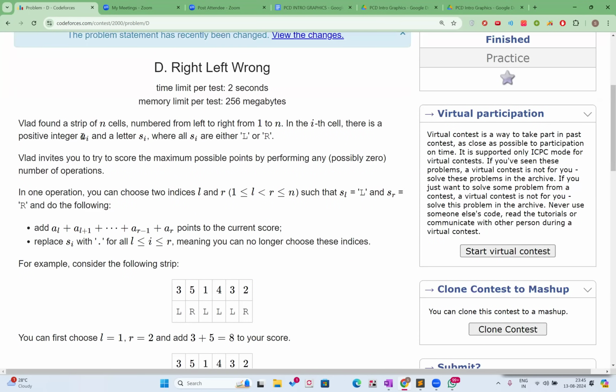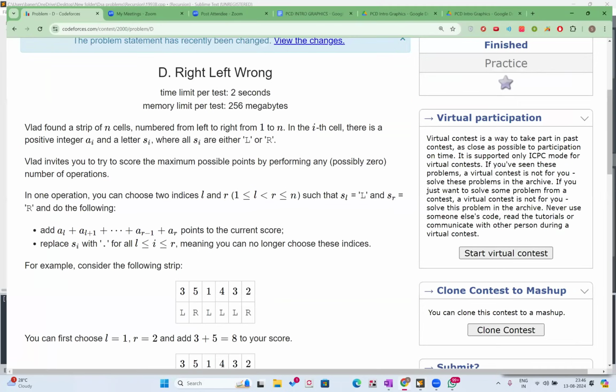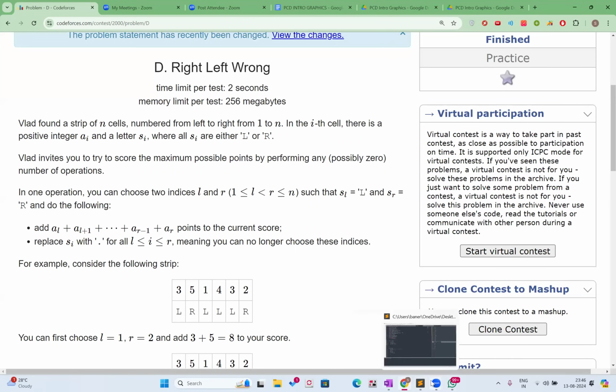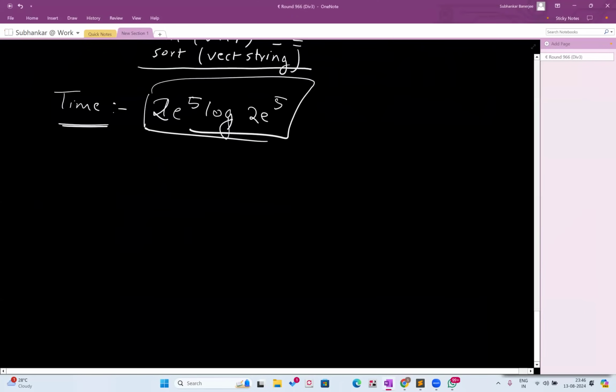Sir, can you repeat why you are sorting? Okay, I'll repeat that one.